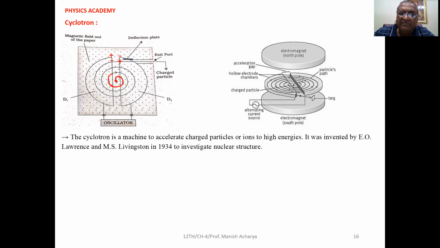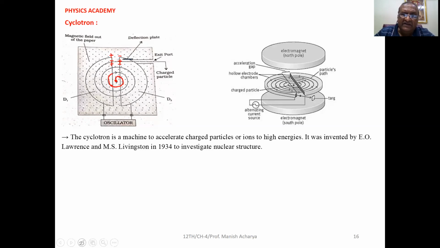And when half a revolution is again completed, this becomes positive, this becomes negative, and this process continues. So our charged particle is continuously moving with increasing momentum and increasing radius.